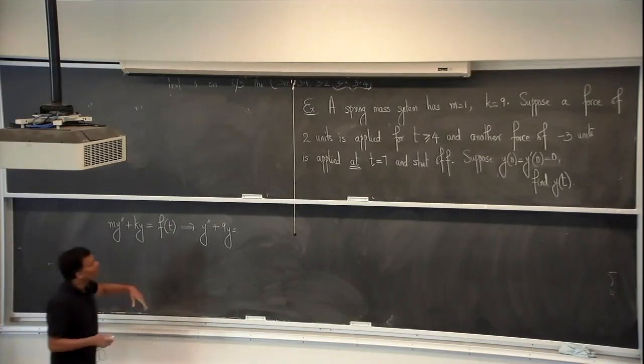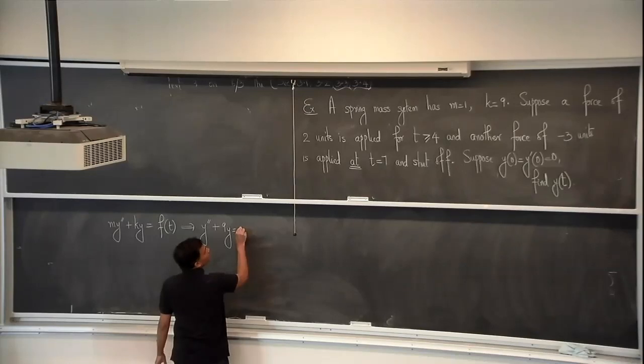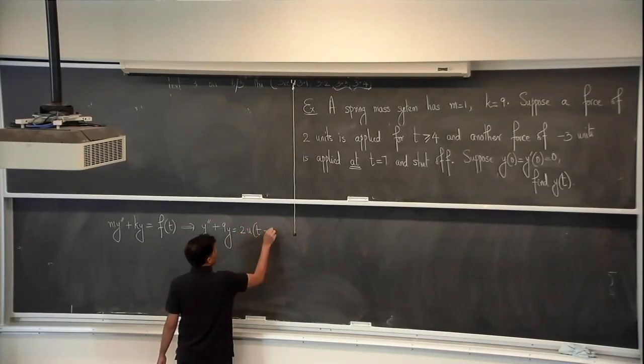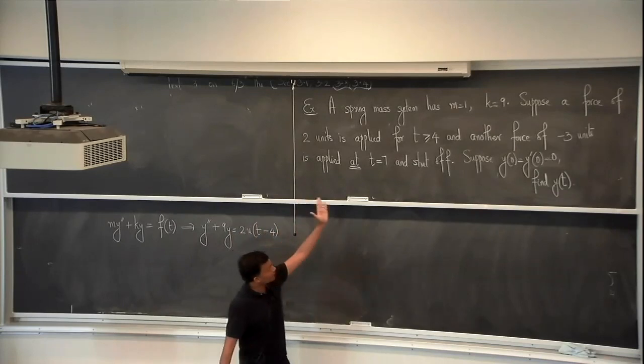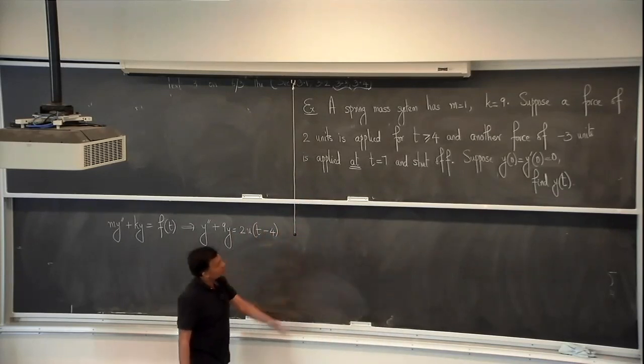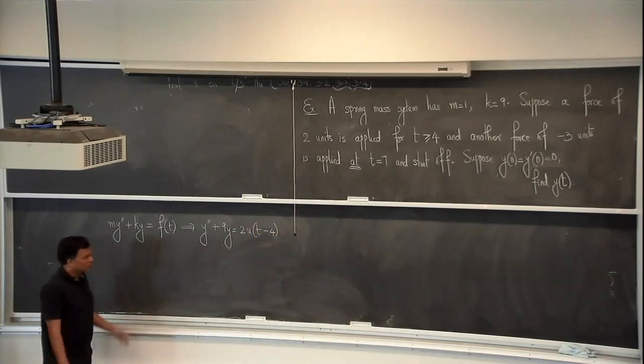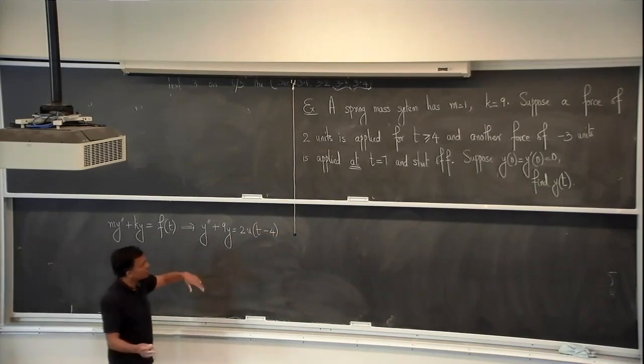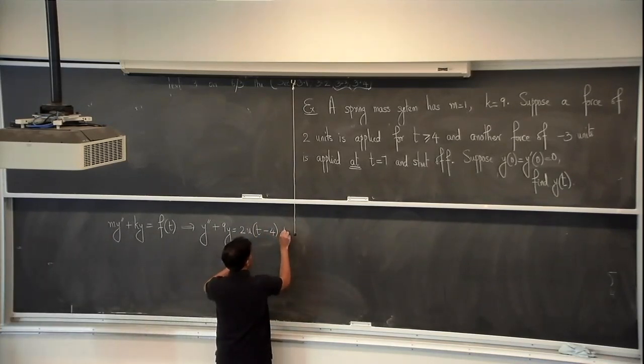Yeah. 2 u, because that's a step function, so it's 2u of t minus 4. Okay, so whenever there is greater than or equal to, that means it's not turning itself off after t equal to 4, right? So 2u of t minus 4. And what about the second one? Plus or minus 3 delta.